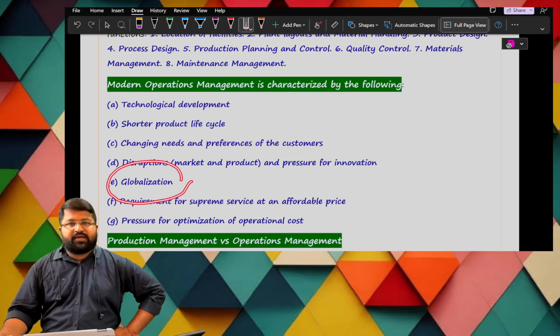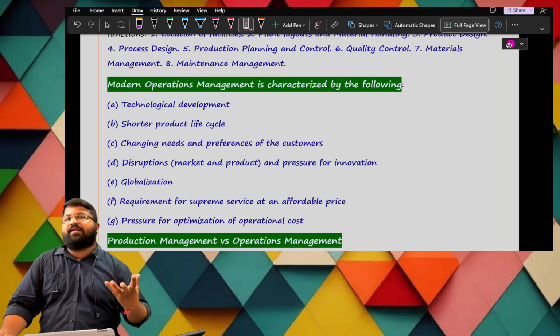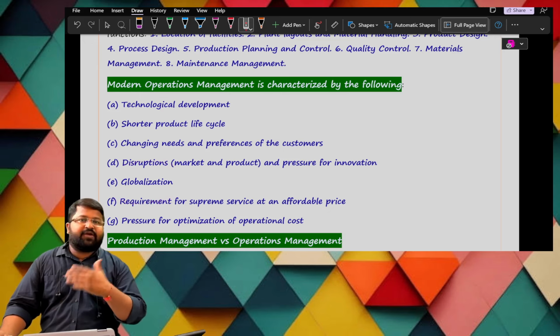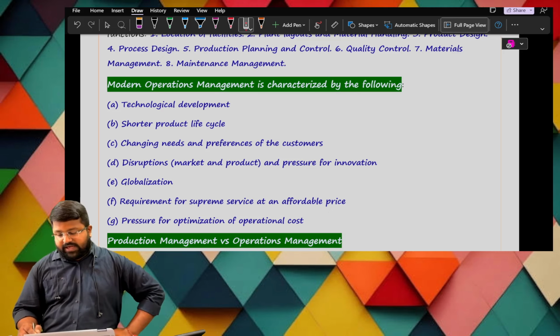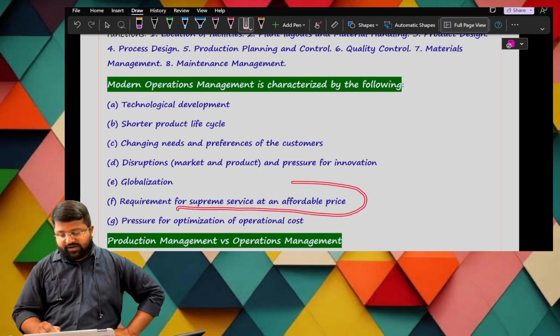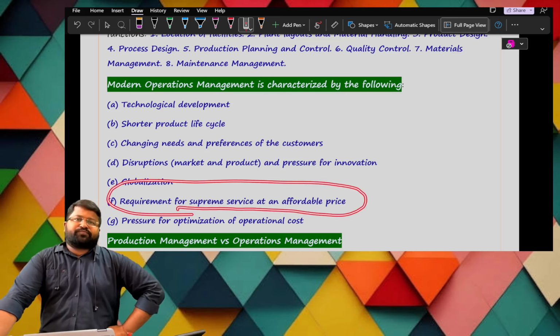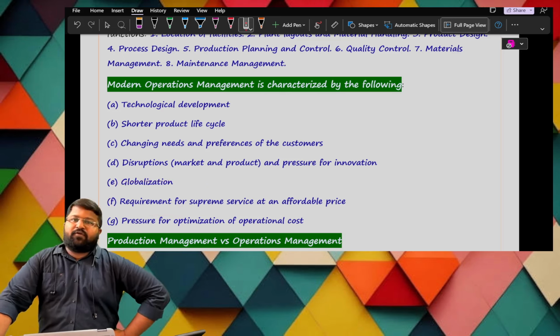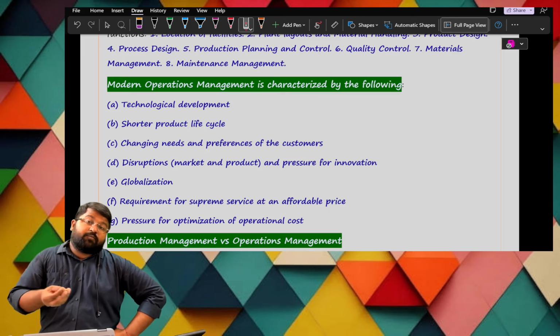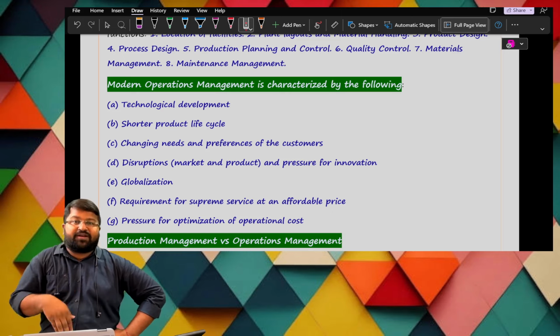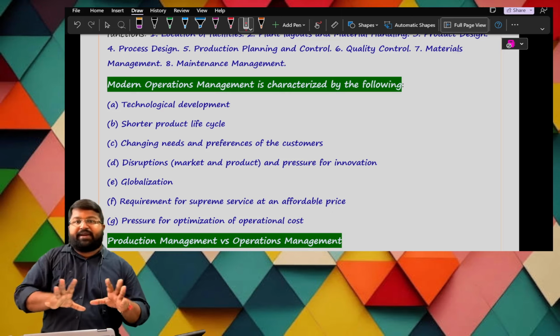Next, globalization. This is nothing but entering not only the Indian market, but all areas. That is globalization. Next, requirement for superior service at an affordable price. Initially, if you wanted to purchase a mobile, we used to have to pay more. But now we are getting it at a low price.